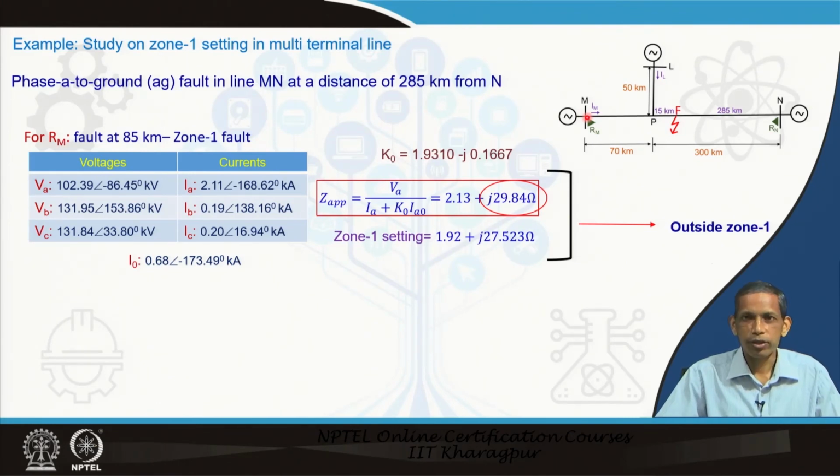As we have seen in this setting, the zone 1 covers a physical distance of 96 km. So, therefore, this fault at F, which is only 15 km from P, this part is 70 km, happens to be a zone 1 fault for Rm.